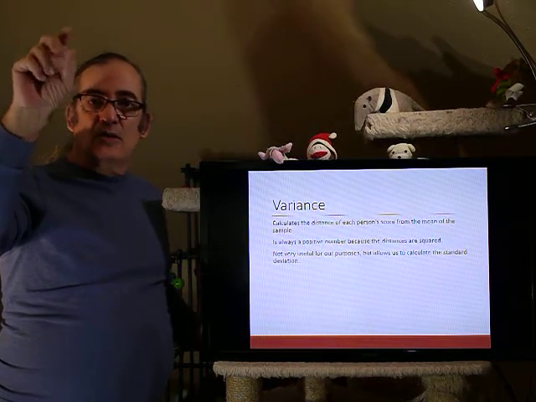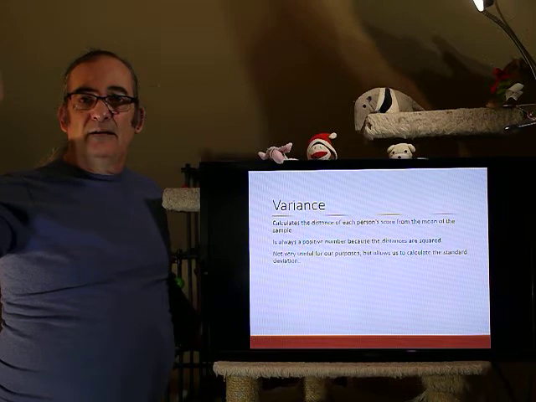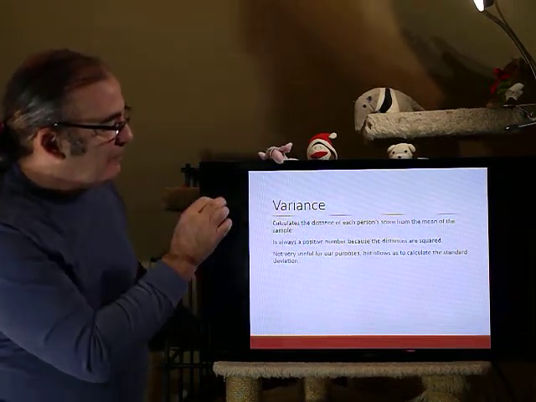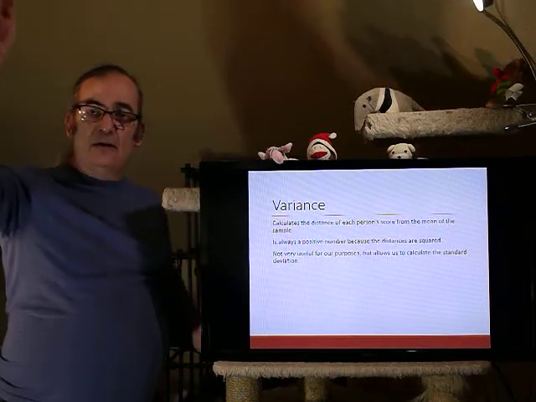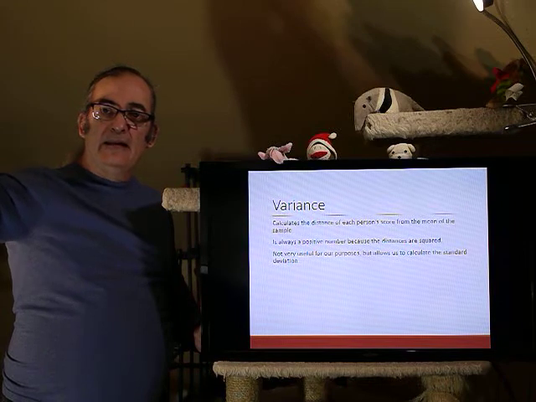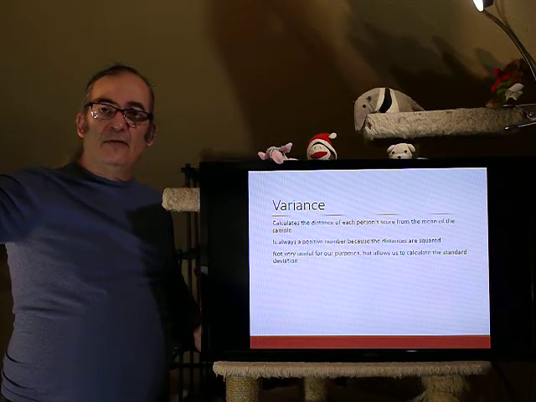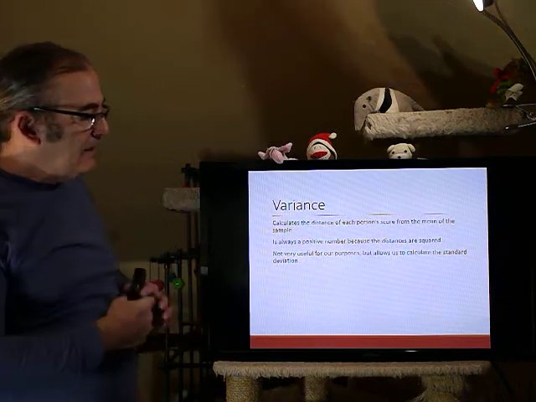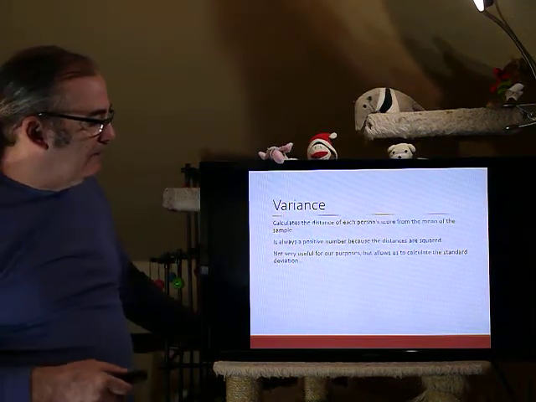This is person A's score, and you subtract the mean from their score. You're looking for the difference, and you end up with a column for each item. That is, to what extent is this score different from the mean? And then from that we can calculate the variance.